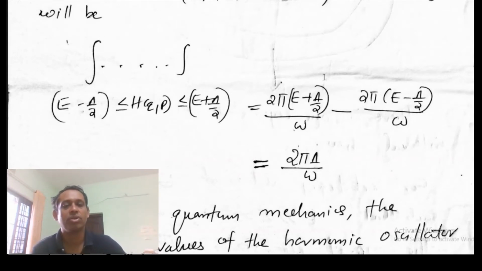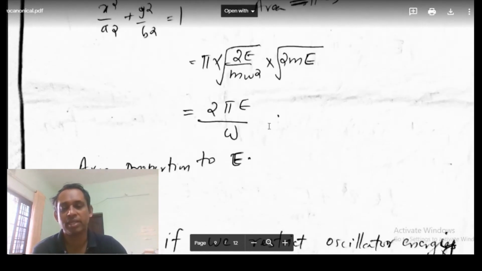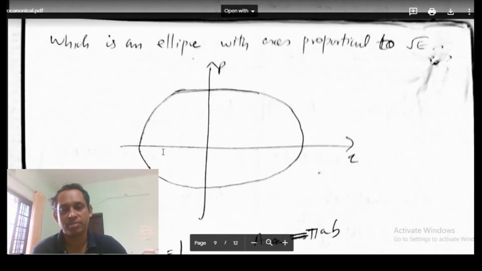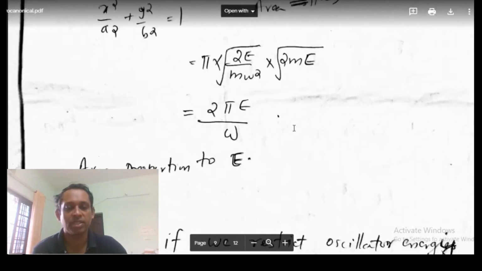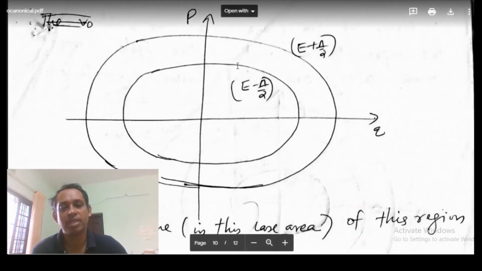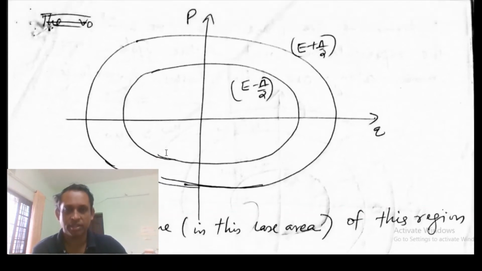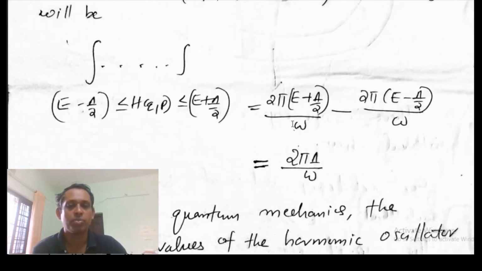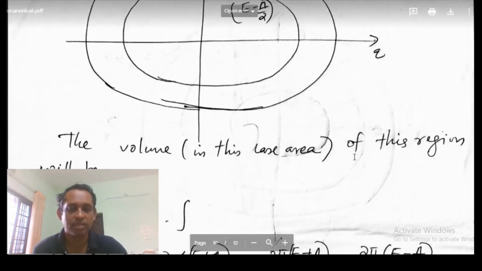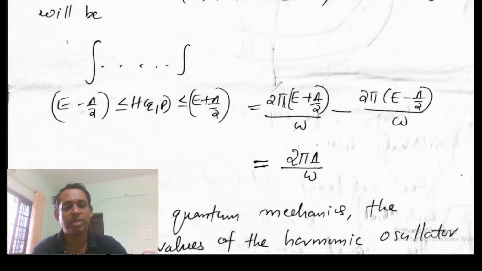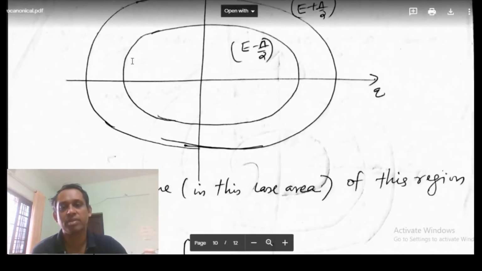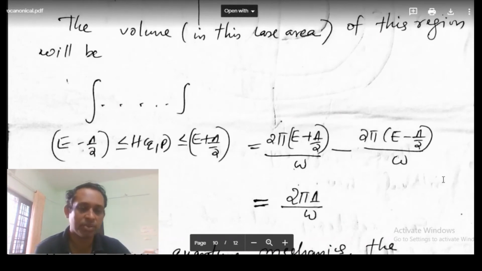The area of this ellipse is given by 2 pi E by omega, where E is the energy. For energy E plus delta by 2, the area of the entire region is 2 pi (E plus delta by 2) by omega, and for E minus delta by 2 it is 2 pi (E minus delta by 2) by omega.